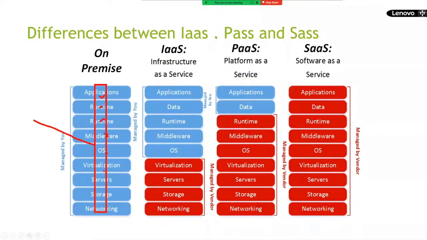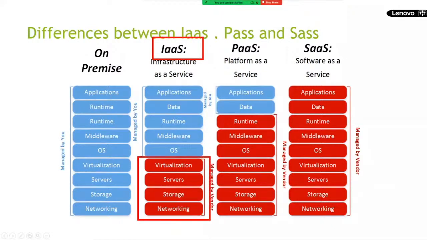To maintain everything, we require a data center. This is what on-premises is. When you go for cloud computing with IaaS, they provide only servers. On top of it, you decide what type of operating system is required, either Windows or Linux.